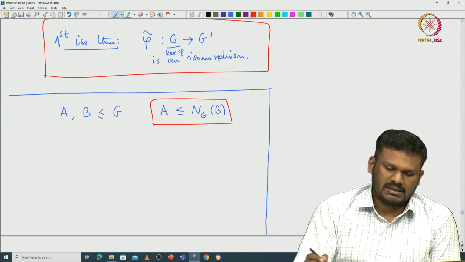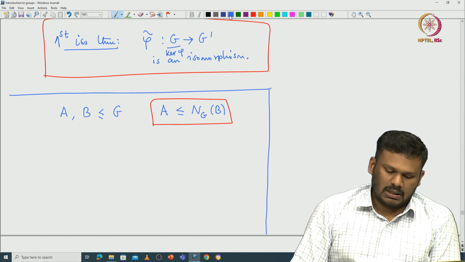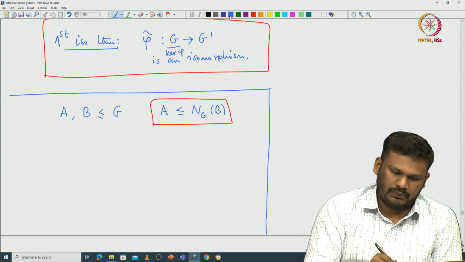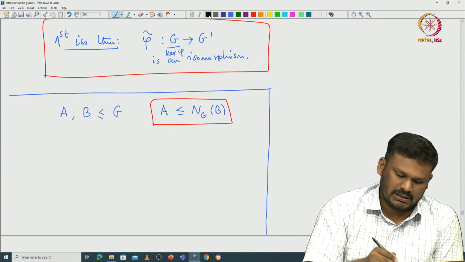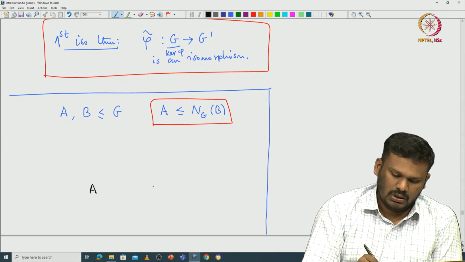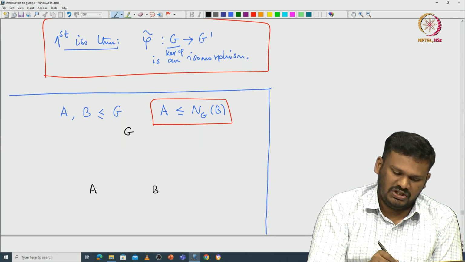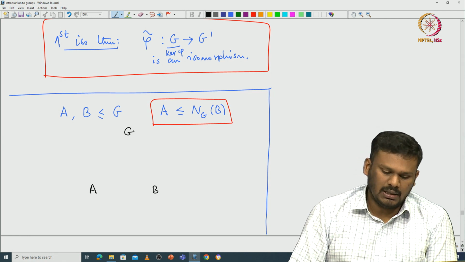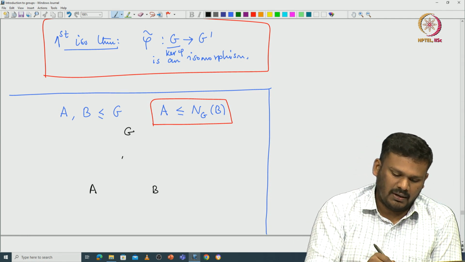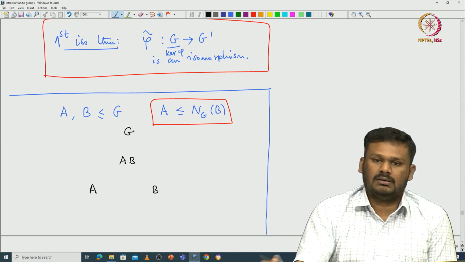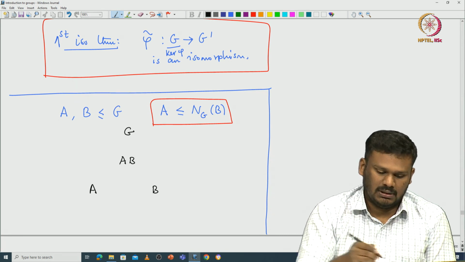So basically we are looking at these two groups. Let me draw this diagram. You have A, you have B, and you have G sitting on the top. Naturally you have this set AB in between.